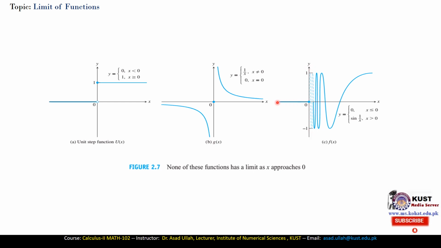So from the left side, I am getting the limiting value 0, and from the right side, I am not getting a unique value. So the limiting value is not defined on the right side, because we have no unique limit between 1 and minus 1. So the left and right limits are not unique, and thus the limit does not exist at the point x is equal to 0. All these 3 points, that is x is equal to 0 here, also x is equal to 0 here, and also x is equal to 0 in this graph, are inside the domain of their respective graphs.